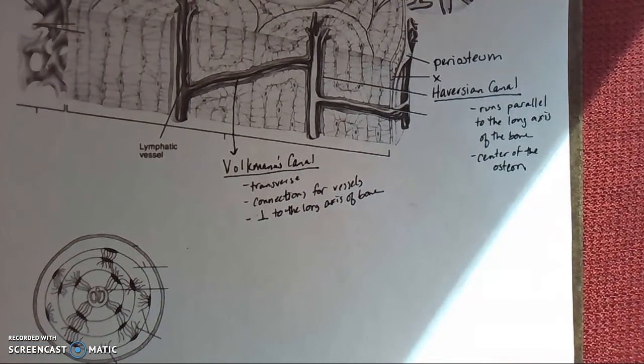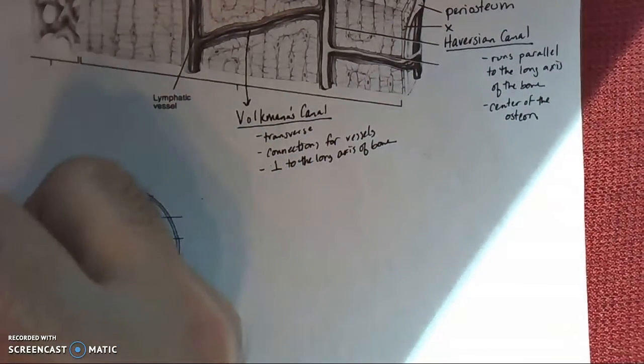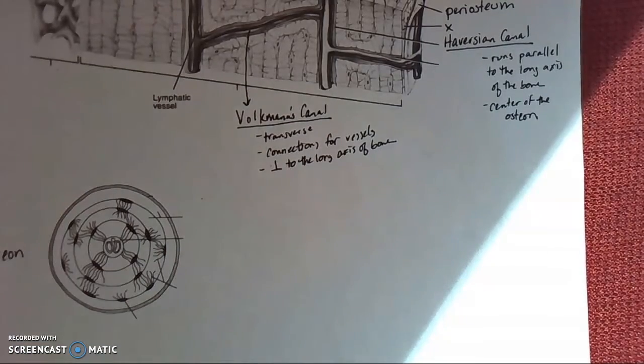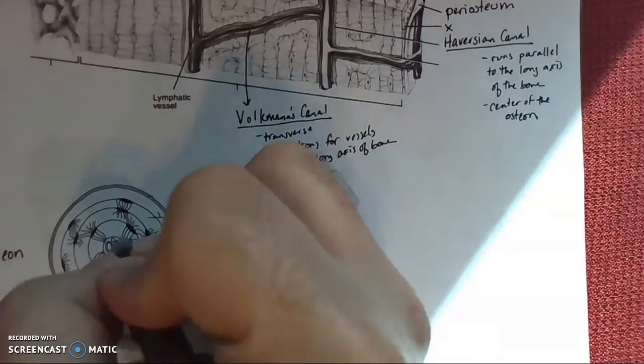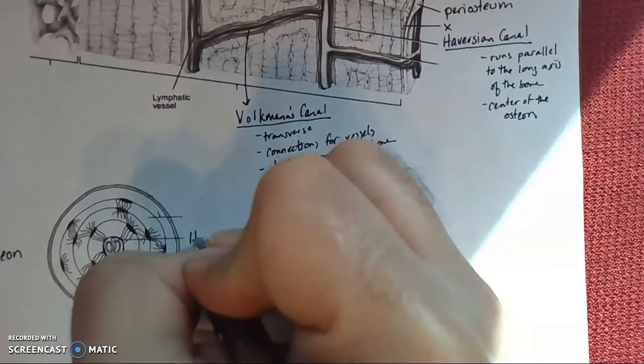So if we look here at this diagram, this whole thing is an osteon, and we're looking at it from a top view down on there. So this right here is our Haversian canal.